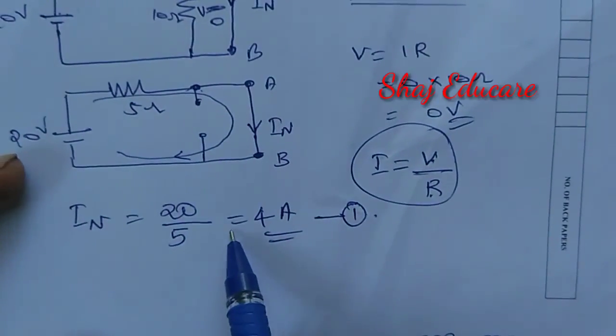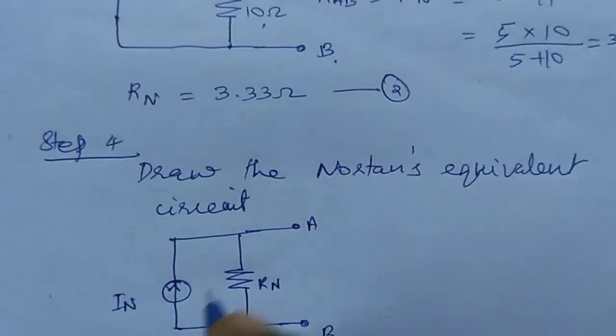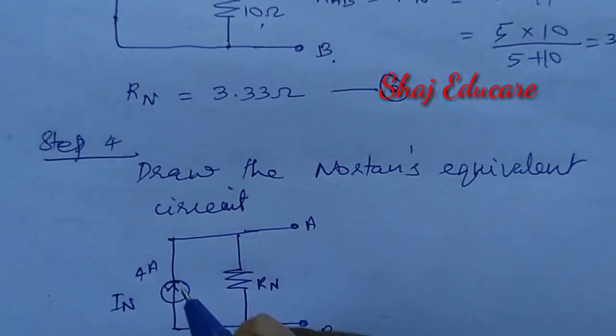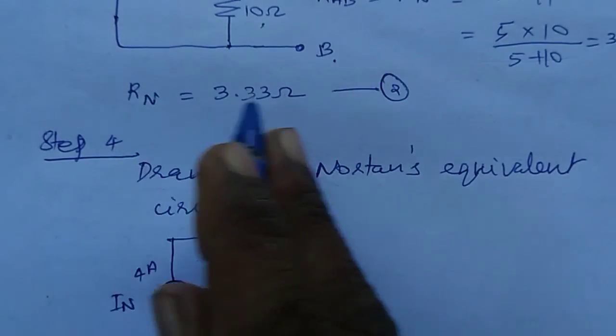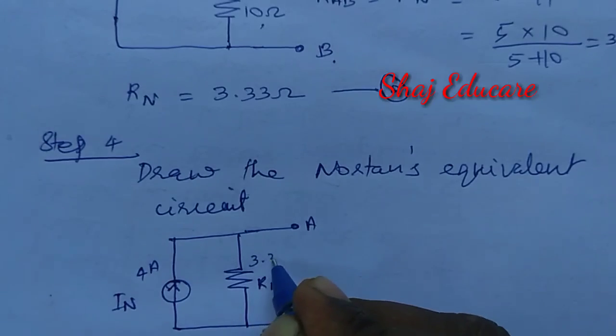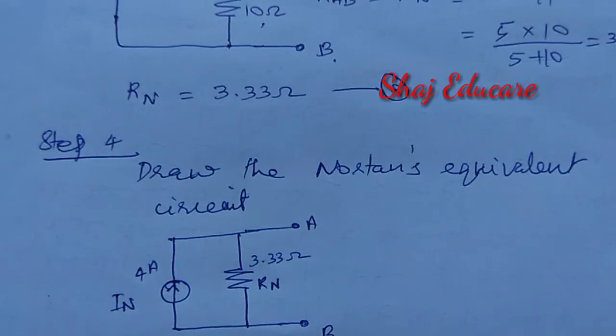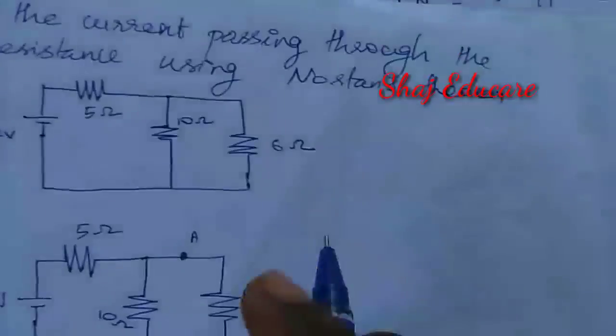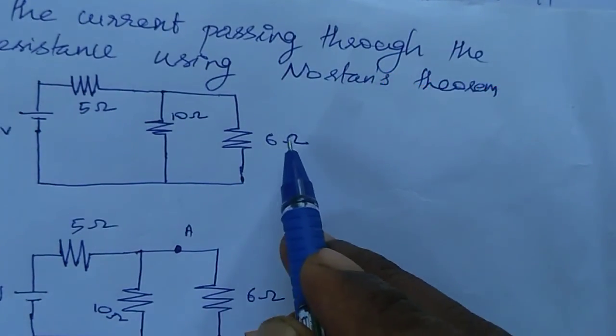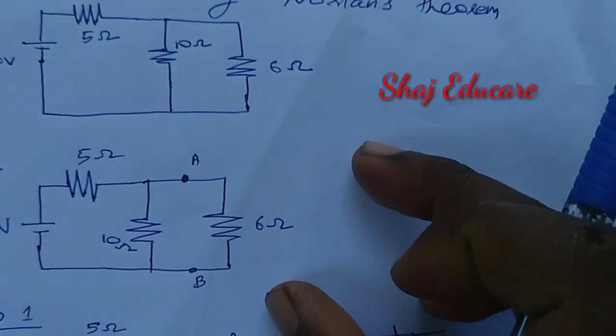That is obtained in equation number 1 as 4 ampere. Then what about Rn? That is 3.33 ohms.